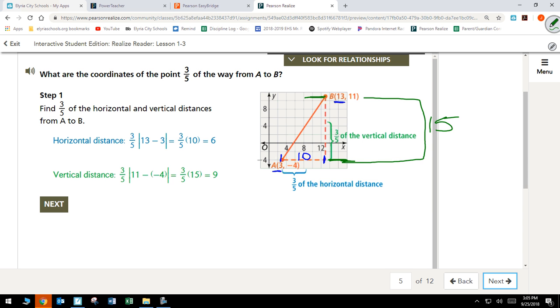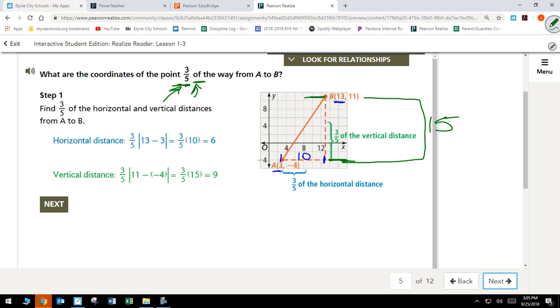Now, if I want to find a fraction of something, of is an operative word that tells me to multiply. So whenever you see of, you're taking a percent of something or a fraction of something, you're multiplying that fraction times what you're trying to find the part of.